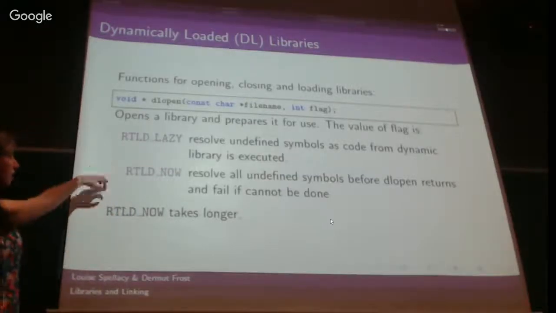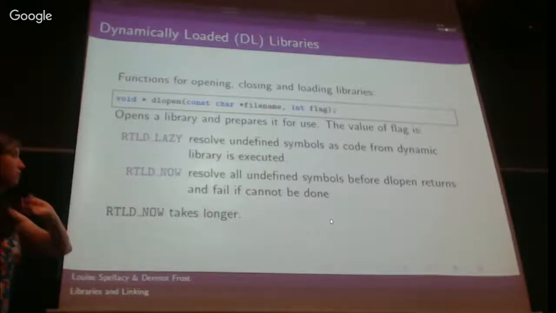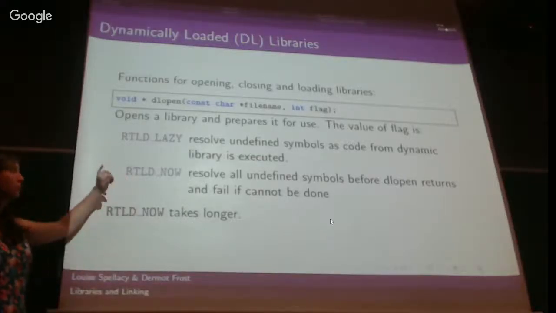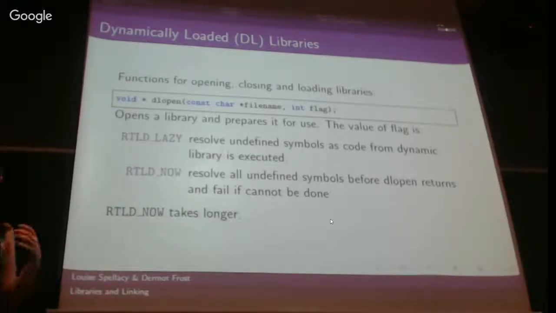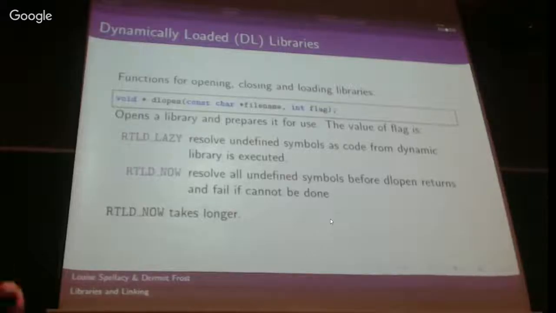The flag is either RTLD_LAZY or RTLD_NOW, which basically means the first one resolves undefined symbols as the code is being executed, and the second one resolves undefined symbols at the very beginning, and if it fails, it won't continue any further. So RTLD_NOW takes longer, but you're not likely to get a weird error in the middle.